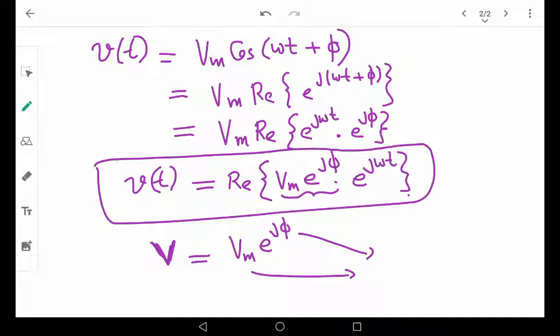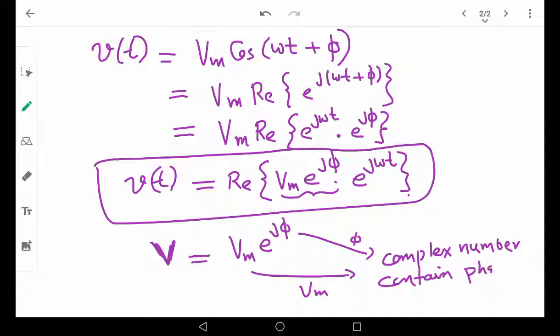Phase is phi, and amplitude is Vm. So it is a complex number containing phase phi and amplitude.